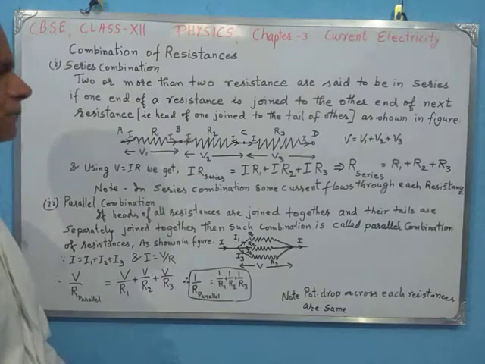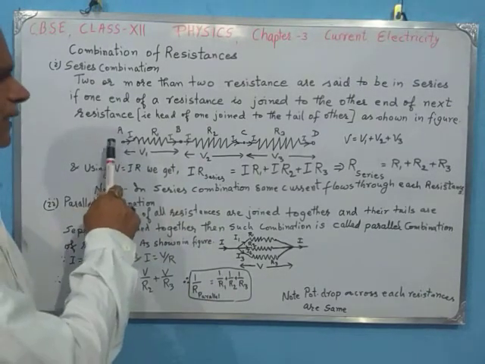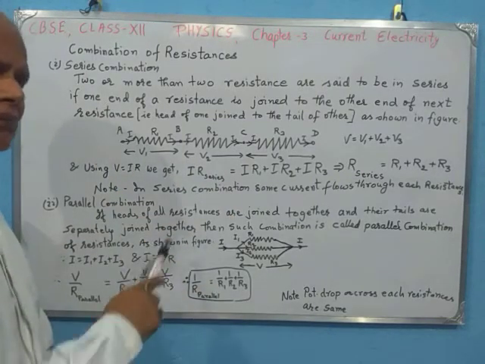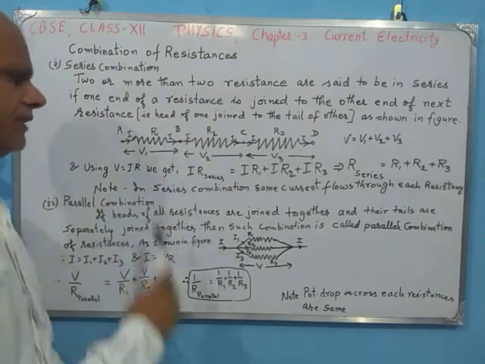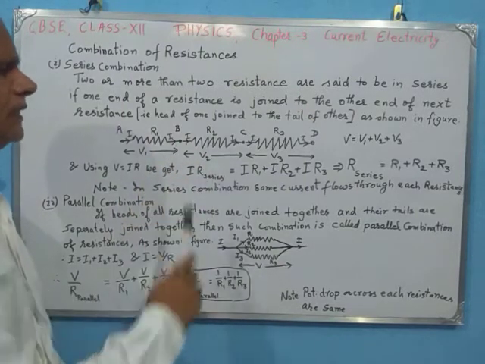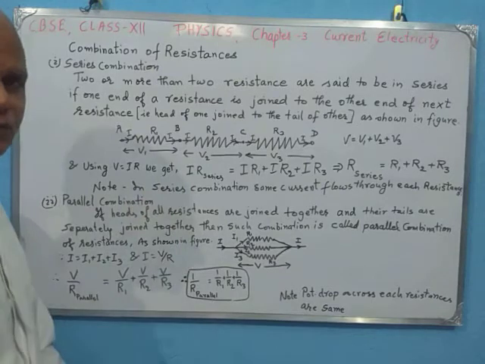It means that if some current I is flowing through the first resistance, the same current I will enter into the next resistance because there is no way out.